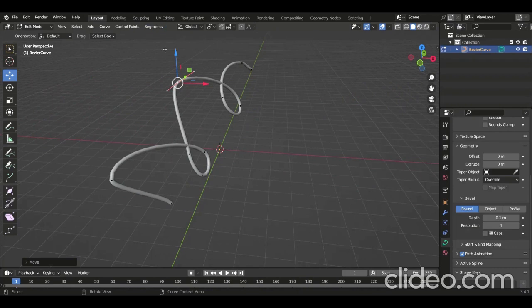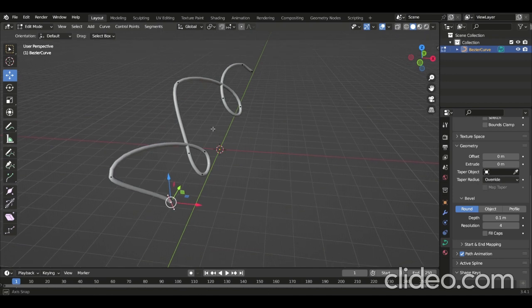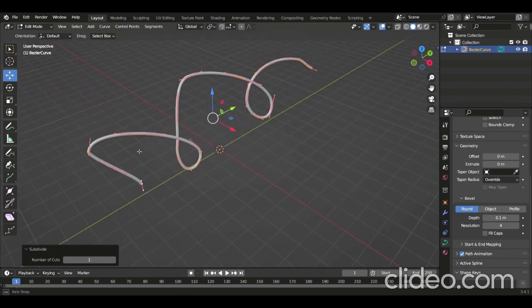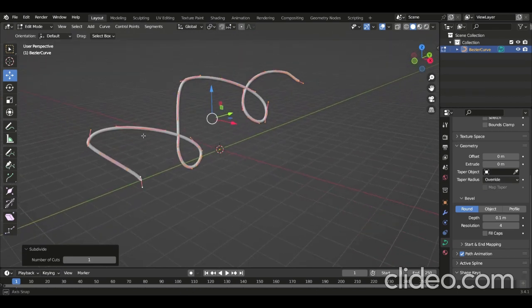Now let us do the knot insertion. We need to select the whole curve and subdivide the curve so that it inserts one control point.